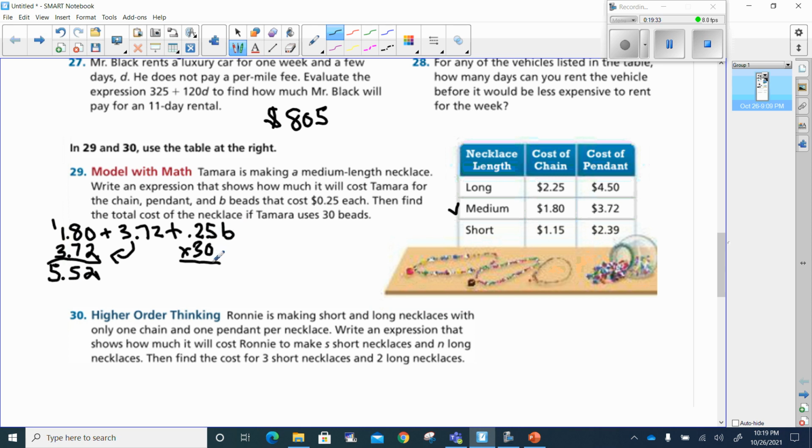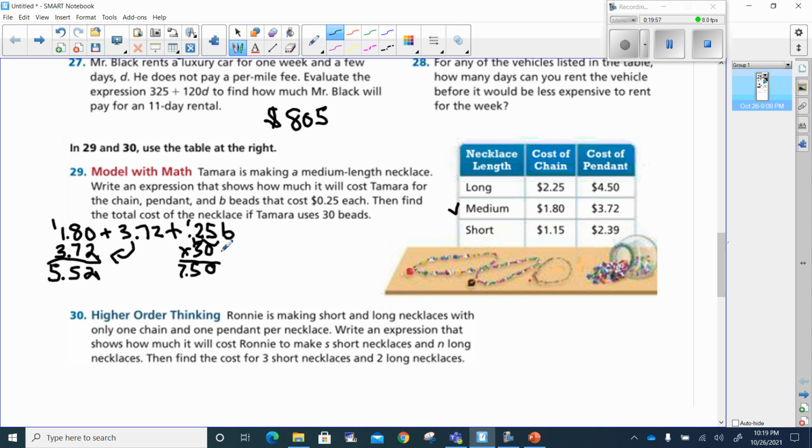Well, anything times 0 is 0. We're going to add that 0 for the second column down there. And now 5 times 3 is 15. Carry the 1. 3 times 2 is 6, plus 1 is 7. So this is 7. Remember, we got to move the decimal twice. $7.50 for the beads, okay?